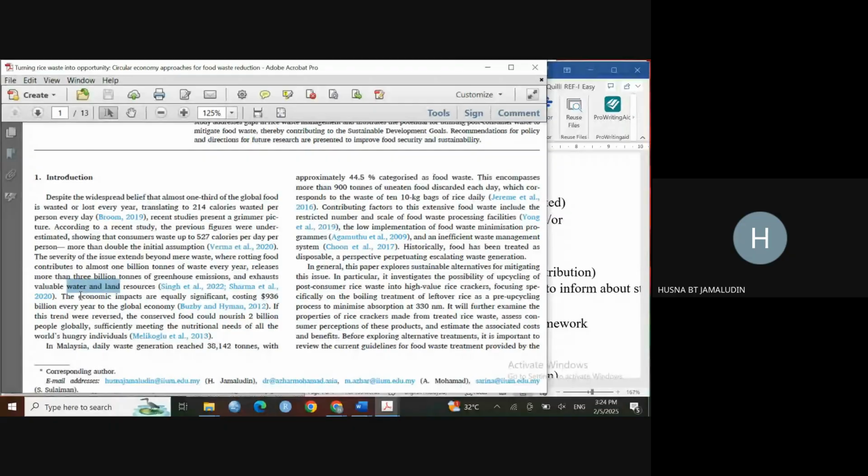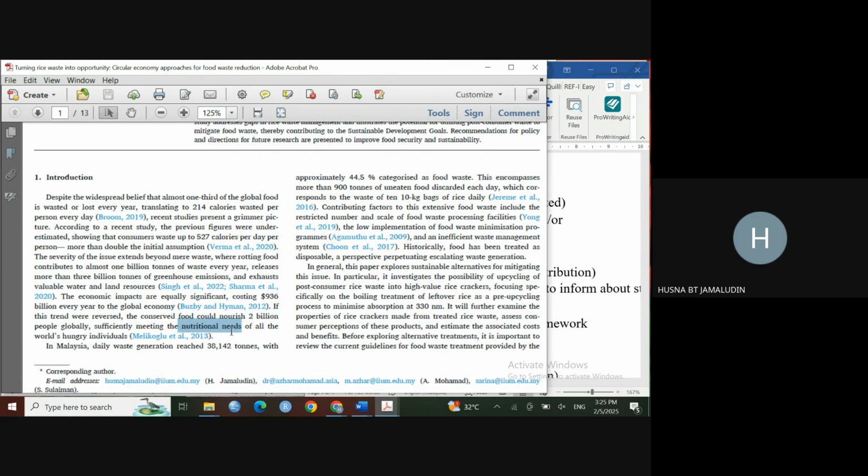You also want to mention that it also has economic impacts. Okay, what is the cost of economics? So you cite the exact cost to tell that this is the real issue, and then you cite a paper. And then not just the economics, you want to mention the social impact. What happens if, let's say, you don't waste it, you reverse the trend of wasting it? You can actually feed 2 billion people, okay, to meet their nutritional needs.